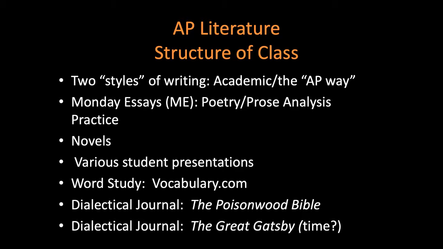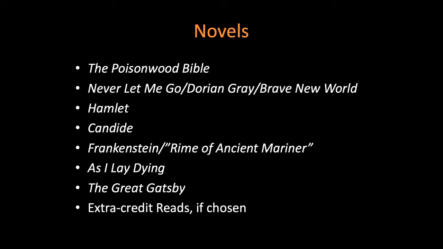They study their words through vocabulary.com based on the stories that they're reading. They have created 1 dialectical journal, for The Poisonwood Bible, and they'll probably do another one if time allows on The Great Gatsby. Here's a list of what I hope for us to read throughout the semester.